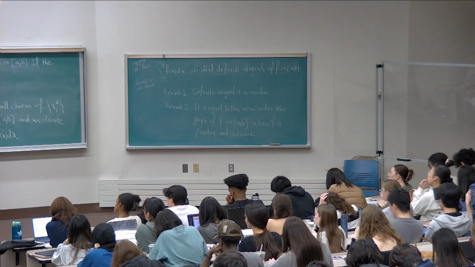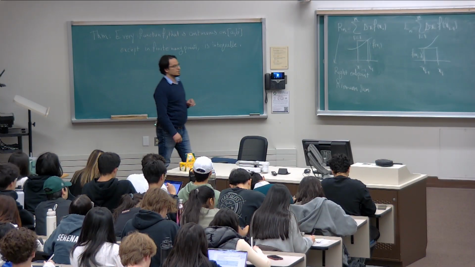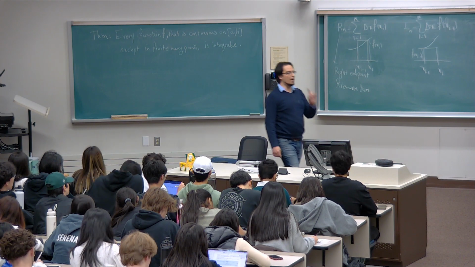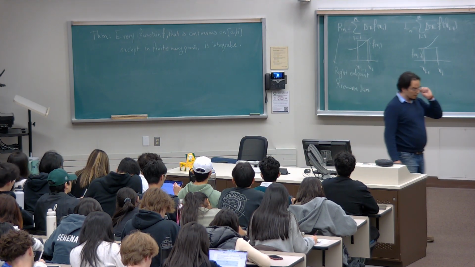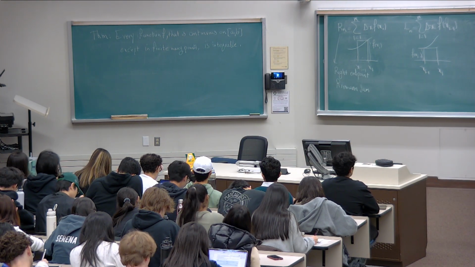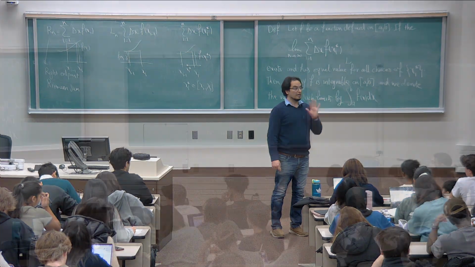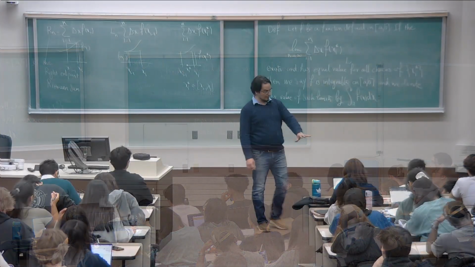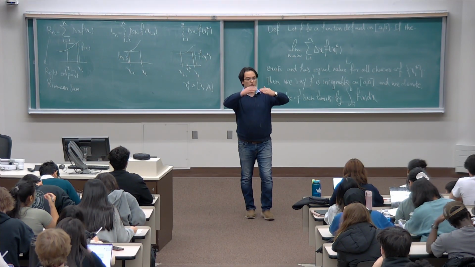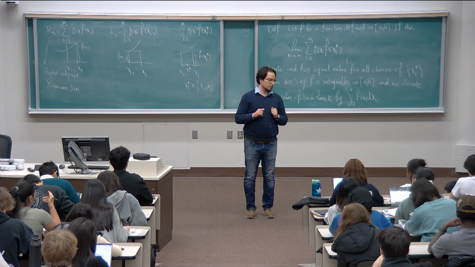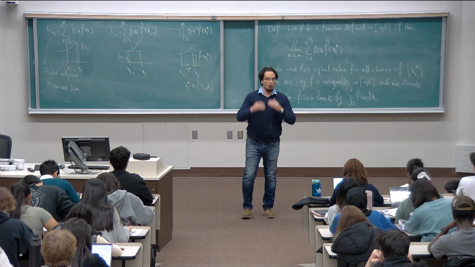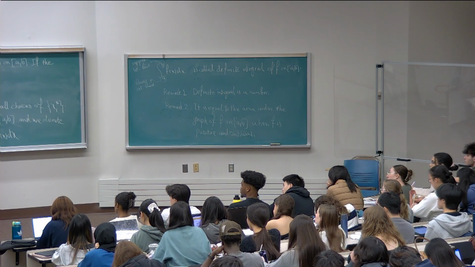Every function f that is continuous on AB, except on finitely many points, well, it must be defined everywhere on that interval, but it could be a jump discontinuity. Oh, okay. Or a removable discontinuity, yes?